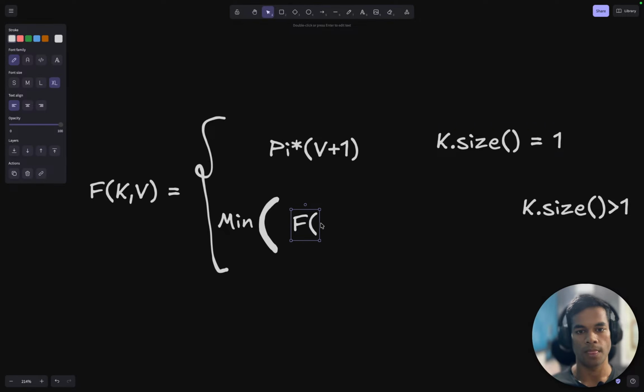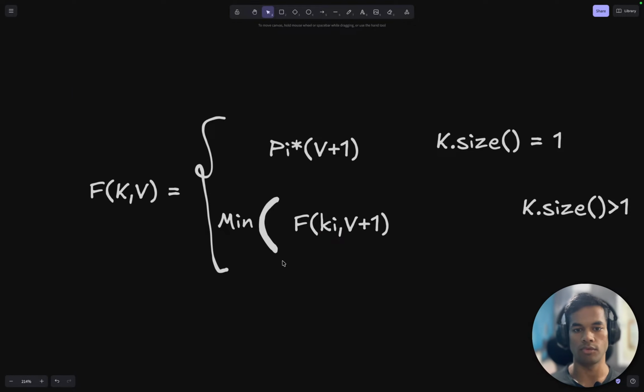So v plus 1, and we will find the minimum value when we call this f function with ki and v plus 1 values.